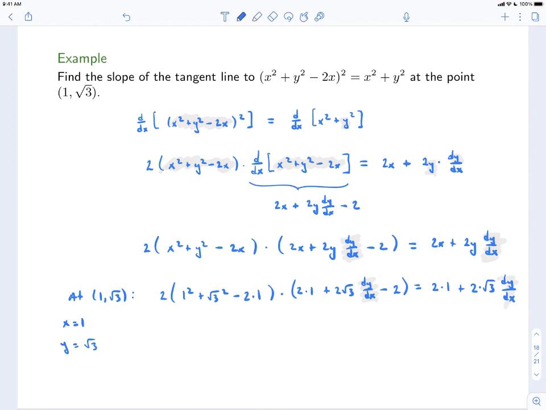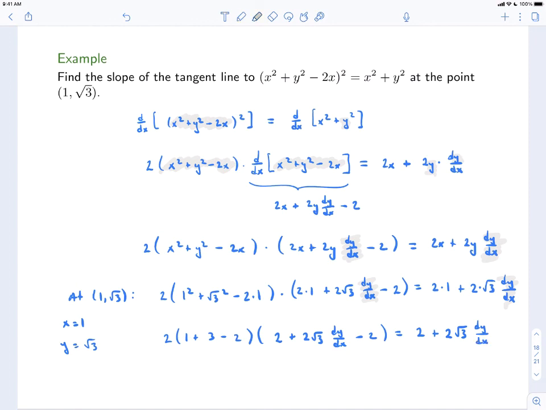So let's just go ahead and do that. We have 2 times (1 plus 3 minus 2) times (2 times 1 is 2, plus 2 square roots of 3 dy dx minus 2) is equal to 2 times 1 is 2 plus 2 square roots of 3 dy dx.